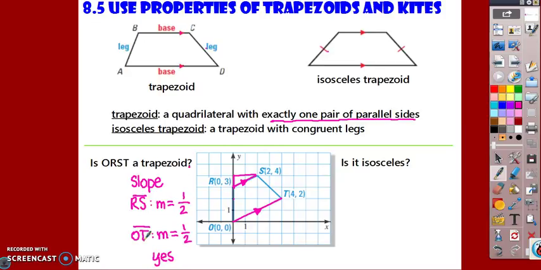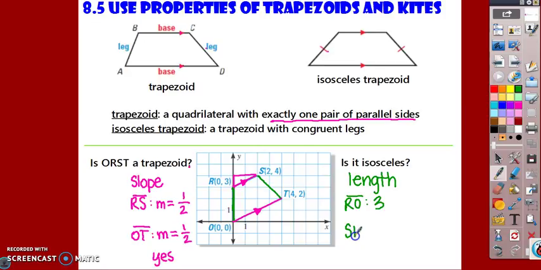Is it an isosceles trapezoid? The only way it gets to be isosceles is if these two legs are congruent. How do we check for congruent? We need to find the length, the distance. So maybe we'll do RO first. RO is easy because you can just count the boxes: 1, 2, 3. The length is 3.